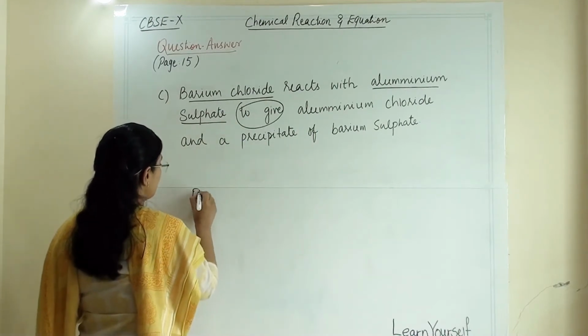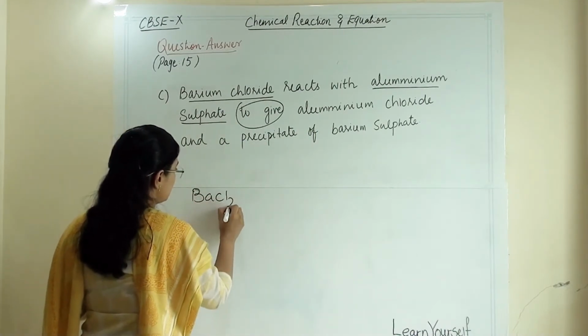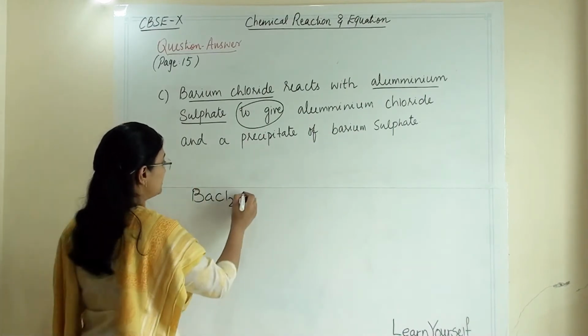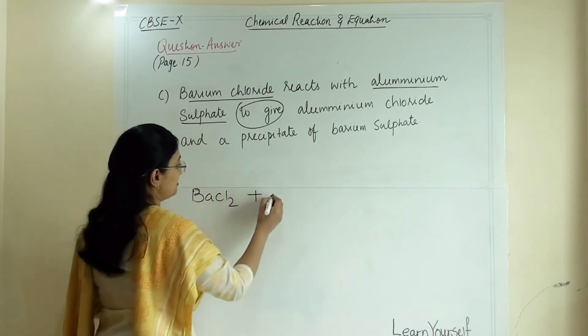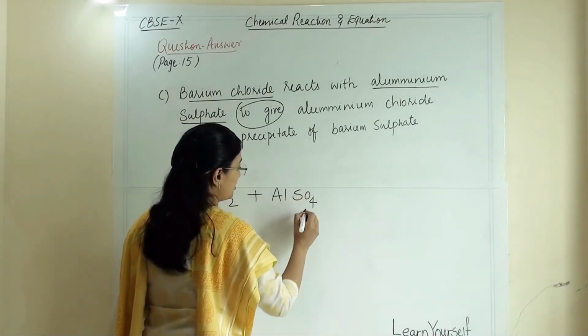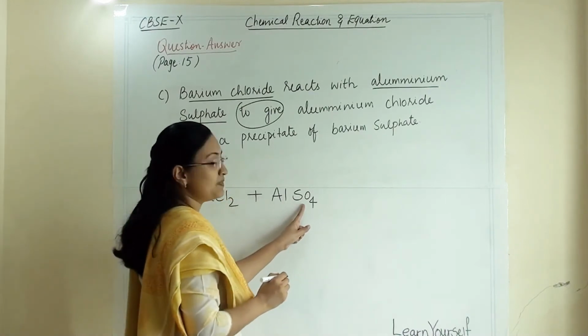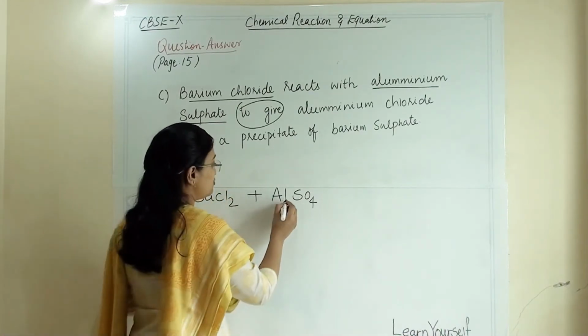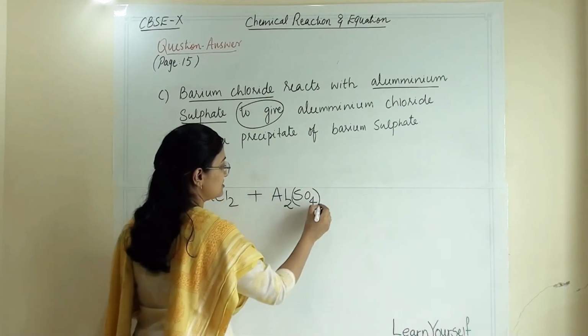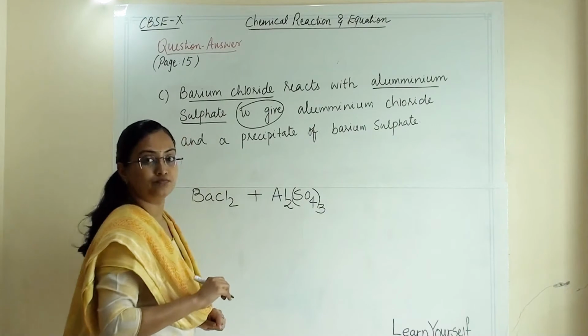Barium chloride means BaCl2. Barium chloride reacts with aluminium sulfate. Aluminium sulfate is AlSO4. Now sulfate's combining capacity is 2, so Al2, and aluminium's combining capacity is 3, so it will come 3 here.